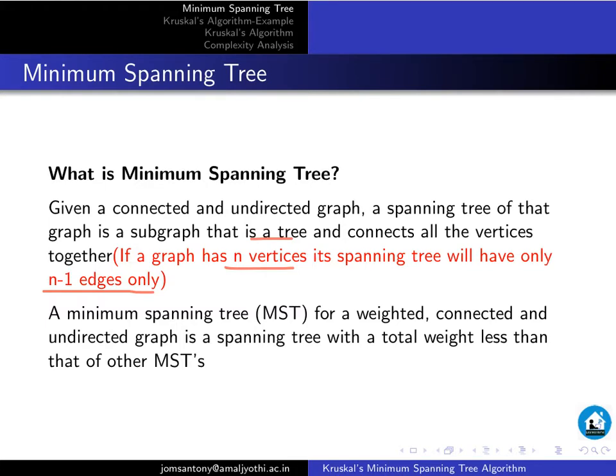So what is a minimum spanning tree? A minimum spanning tree for a weighted, connected and directed graph is a spanning tree with a total weight less than that of other spanning trees.